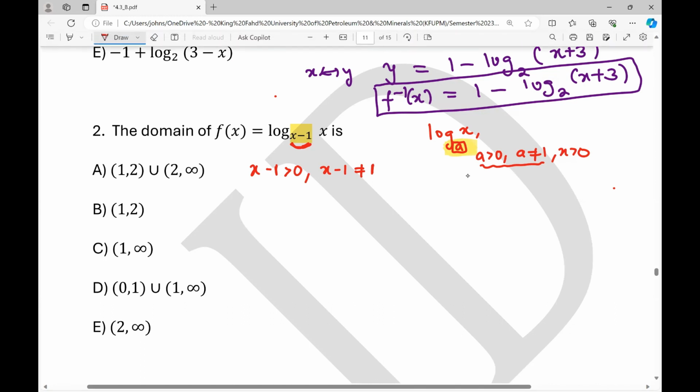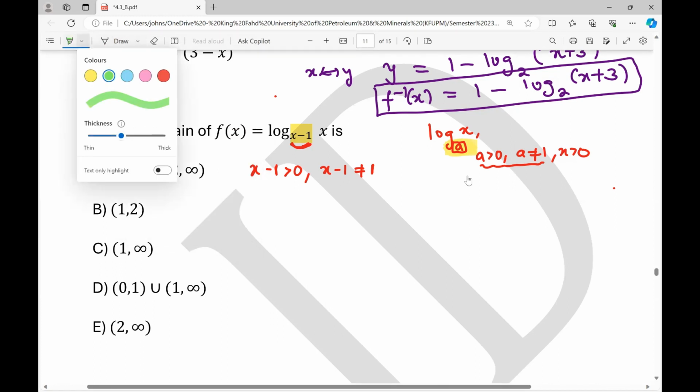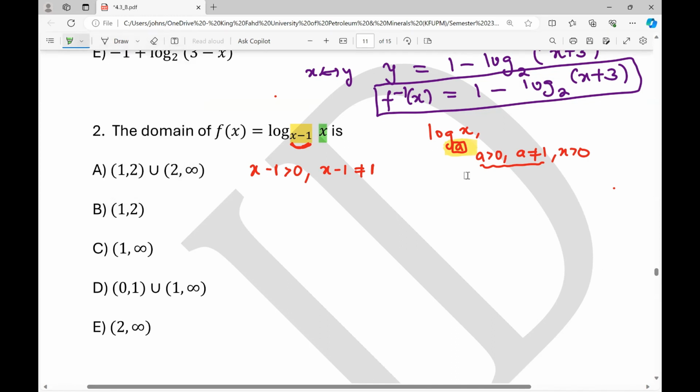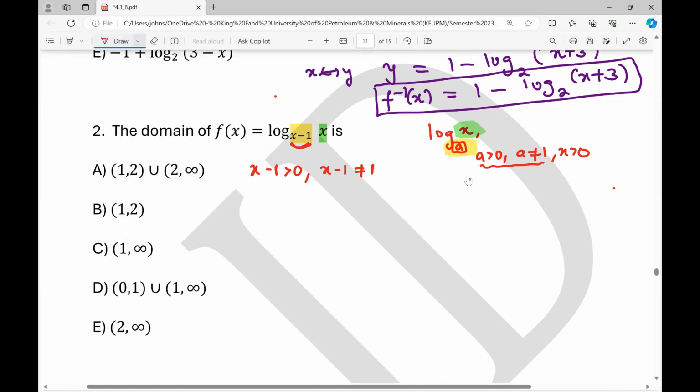All right. So another thing we can see is this one. We can say, okay, this position of x is the same thing as this position of this x. So we know that it means that x itself has to be greater than 0. That's what it means. All right, so let's pick that marker.